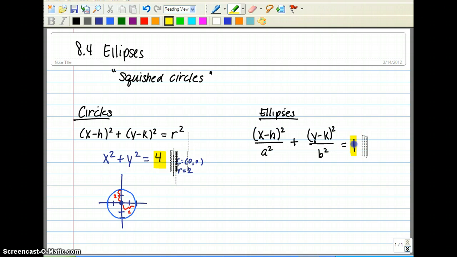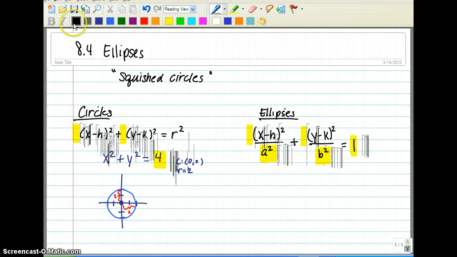In ellipses, the number out there will always be 1. Another difference is in an ellipse you have denominators. So you have numbers underneath these things over here that you don't have in circles. The numbers that are in front of the parentheses need to always be the number 1. So we never have a coefficient in front of there.